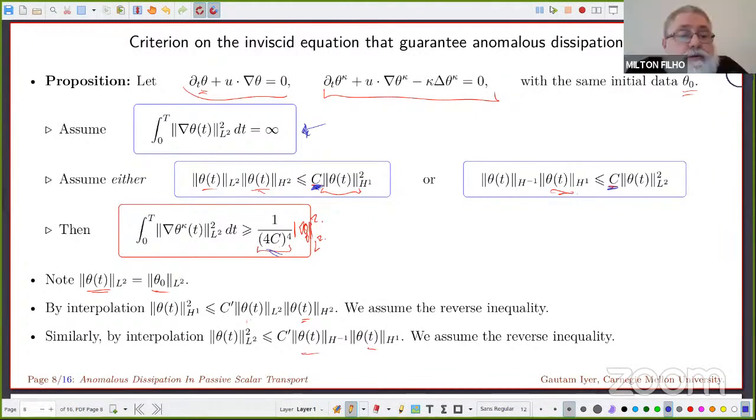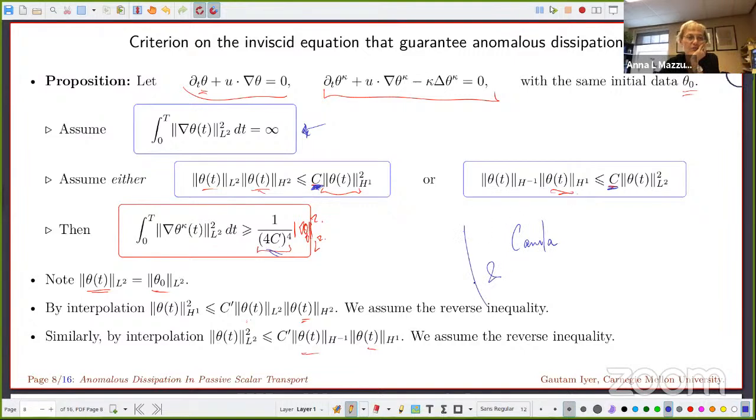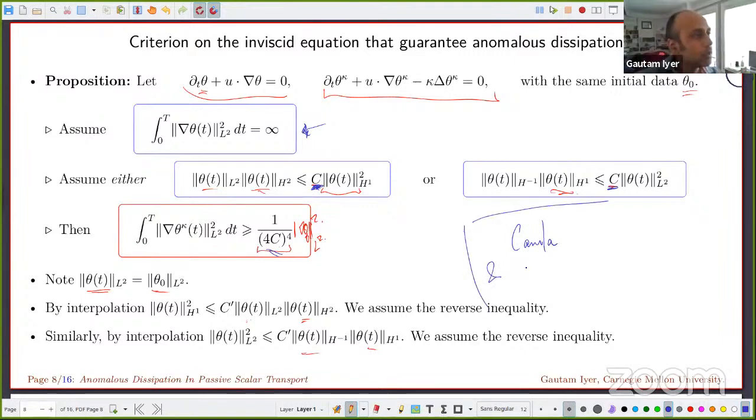Thank you. Any more questions? Hi, Gautam. I have more of a comment than a question. I just wanted to point out some recent work of Camilla Nobili and Stefan Pottel, in which they get some bounds using Fourier splitting methods, but because they use Fourier splitting methods, they can do it only in the whole space, not on the torus.